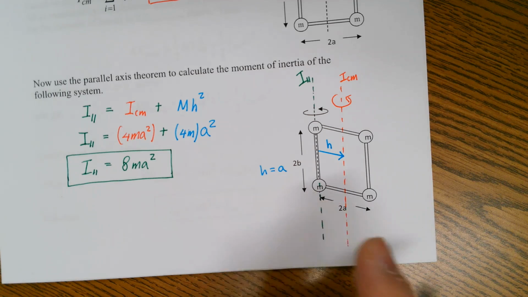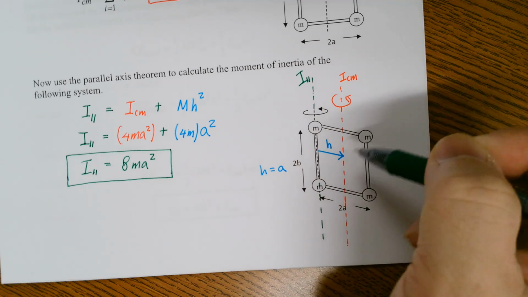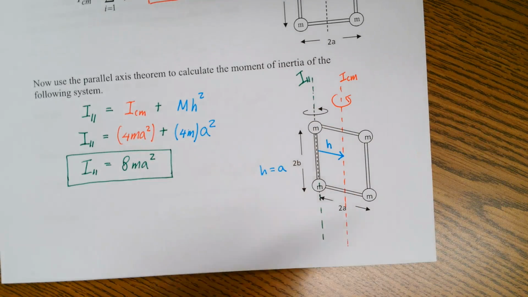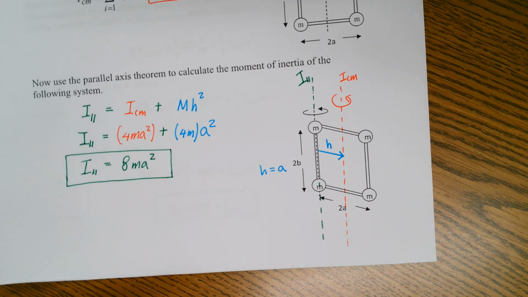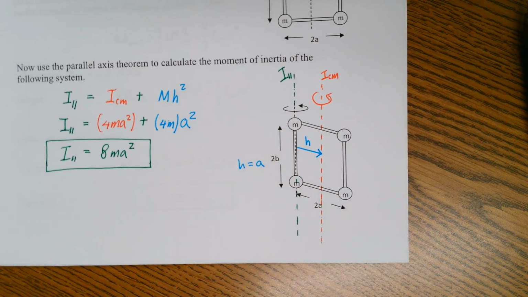Now, obviously, it's a lot easier to do it without the parallel axis theorem on this, but when we have more general shapes, it's a lot easier using the parallel axis theorem than the other way. You'll appreciate it a lot more when the system gets more complex than the symmetrical objects.